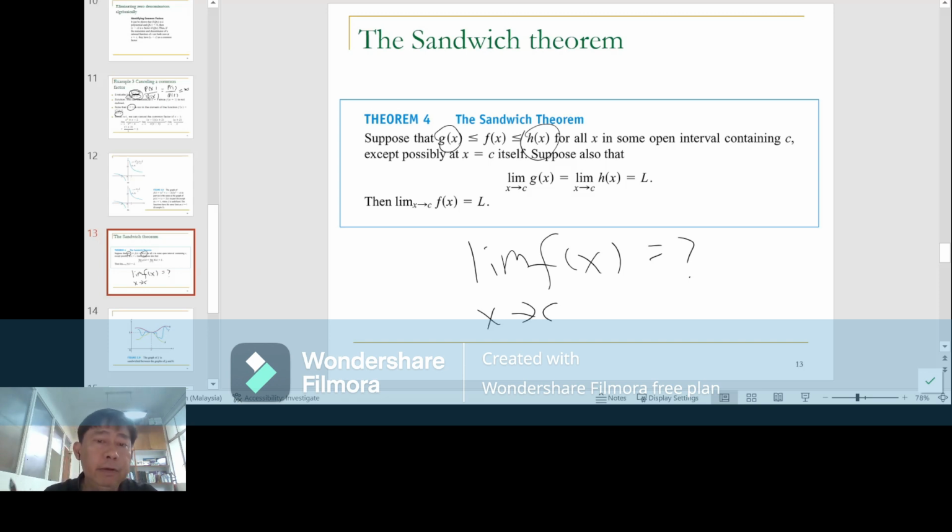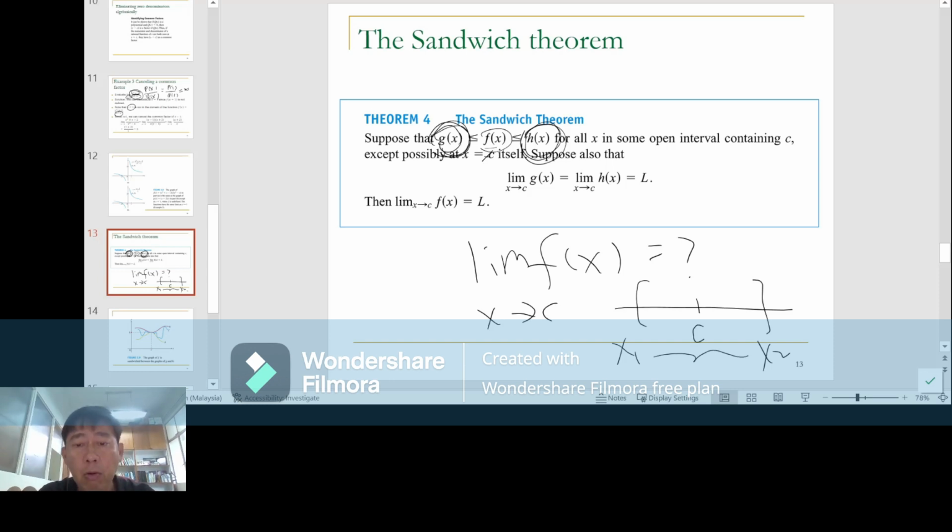However, if you know that there exist two other functions, g and h, such that within some interval of x, say between x1 and x2, h is always larger than or equal to f, whereas f is always larger than or equal to g, within some interval that contains the point c.